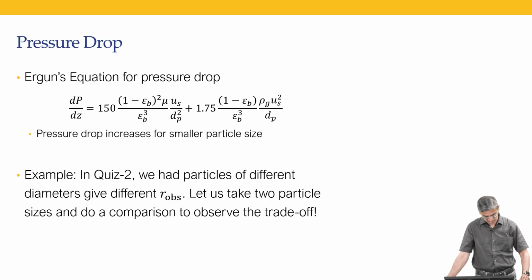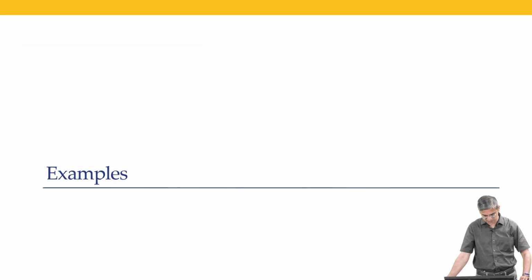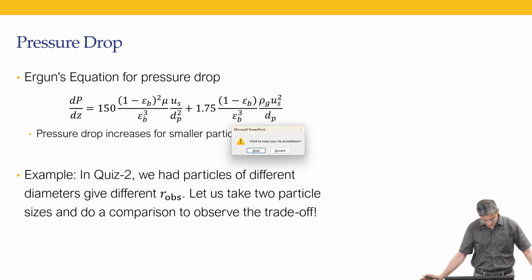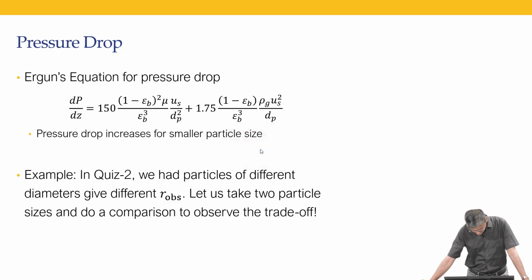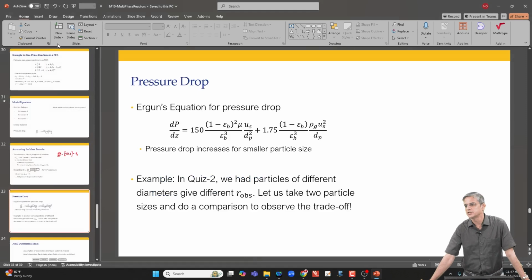And this is the Ergun's pressure drop equation. We will skip the axial dispersion model. And Ergun's equation and all that, do not waste your time remembering those things.